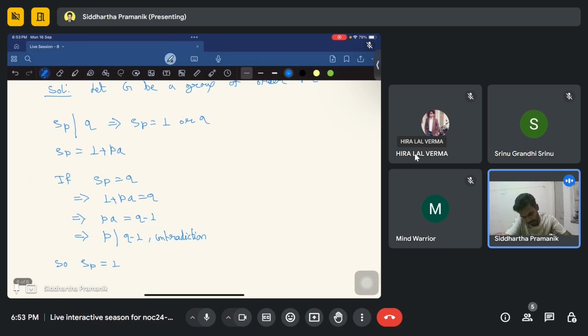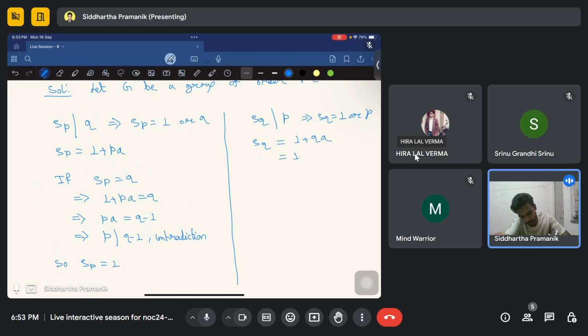I hope this is clear. So G has a unique Sylow p-subgroup. Now what about s_q? So s_q divides p, that implies s_q is equal to 1 or p, and s_q is of the form 1 plus qa.